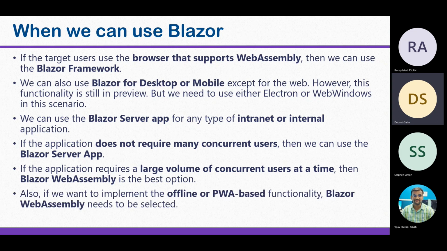Also, if we want to implement any offline or PWA based applications, we also use Blazor WebAssembly, because when we develop a Blazor WebAssembly application, this functionality is automatically available. We can enable this functionality anytime. One of the major benefits is that if the client machine is disconnected from the network services, then the user can still use the application from the local cached version.